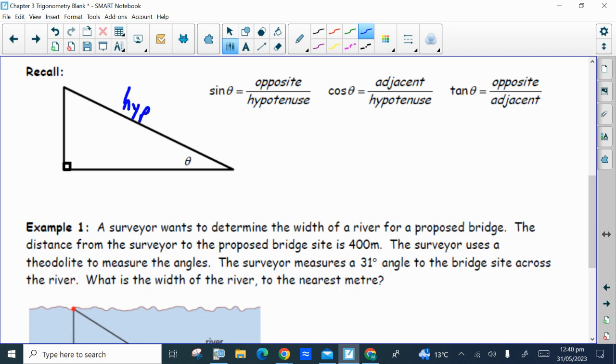That never changes. Because that bottom angle is labeled theta, that's the one you'll be using. The side across from that is the opposite. The third side is the adjacent side. So that's how we label the sides of a right triangle. And then the two sides that you're using, the two of those three sides, tells you what ratio you're going to use, whether sine, cosine, or tangent.